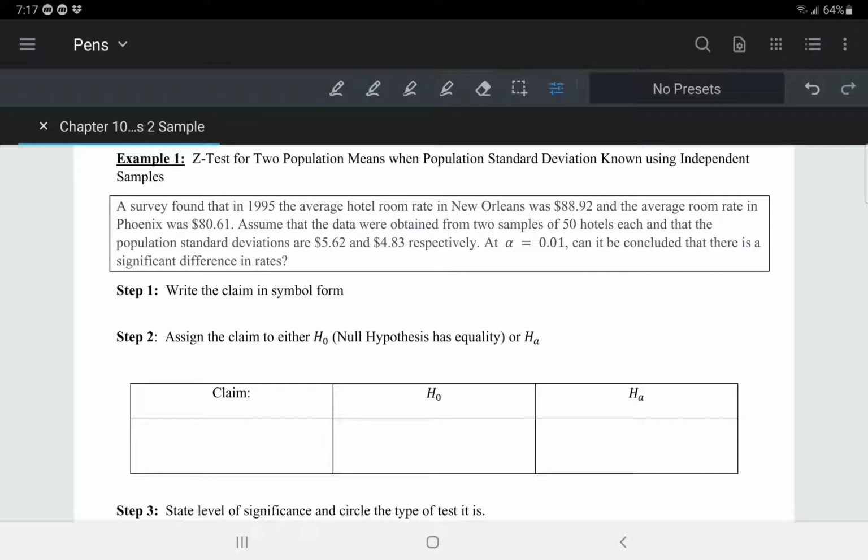Okay, so how we're going to start this is we will look and see what we are concluding. Can it be concluded that there is a significant difference in the room rates? Well, if there's a significant difference, then mu1 would not be equal to mu2, and that would mean that mu1 minus mu2 was not equal to 0.